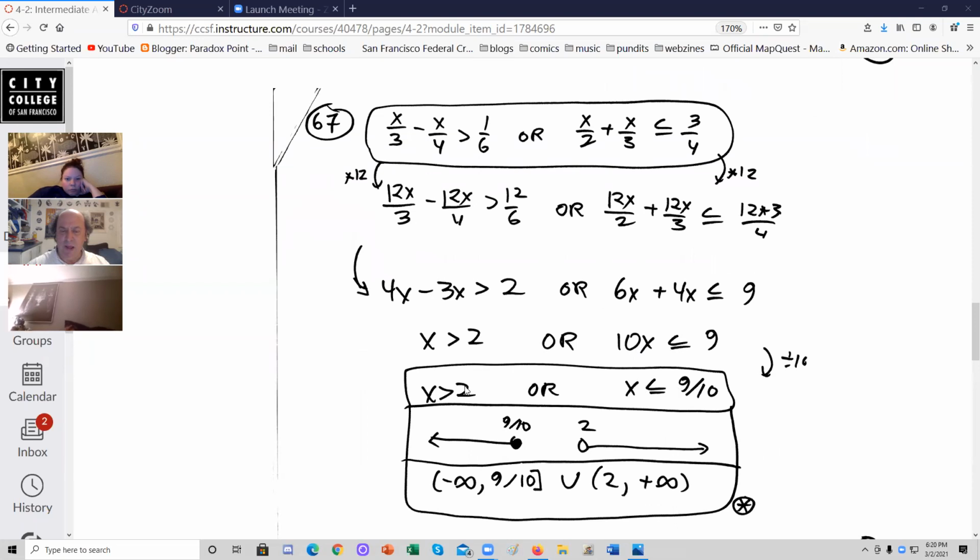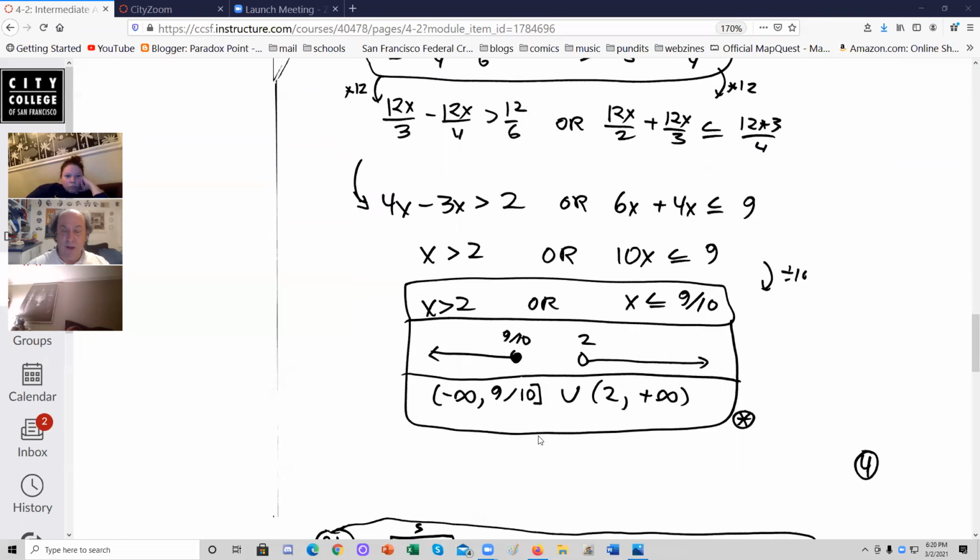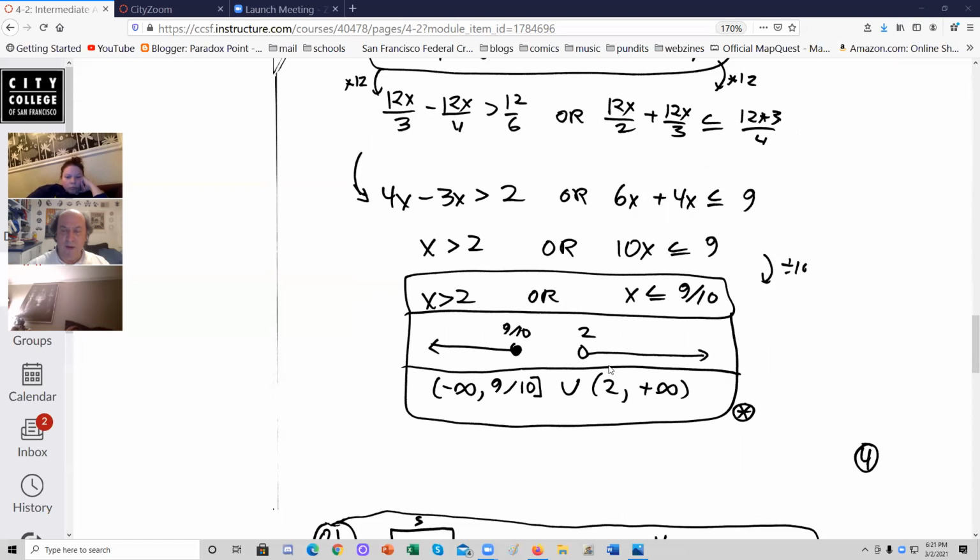So x is greater than 2, moving off to the right here, or x is less than or equal to 9/10, everything to the left, and including 9/10 here. So this is the graph. The interval notation is negative infinity to 9/10 square bracket, union, meaning or, round bracket 2 to positive infinity, meaning this half line.